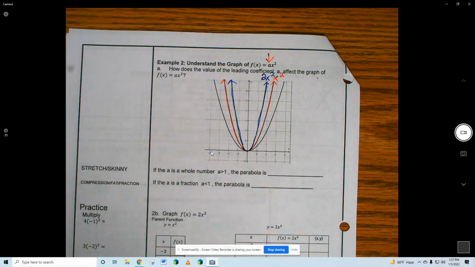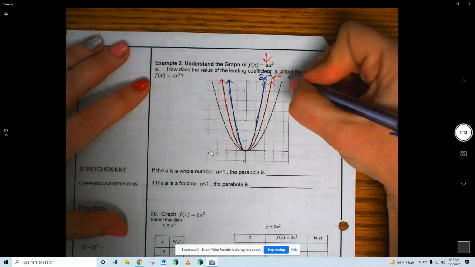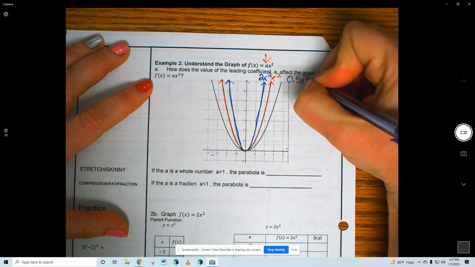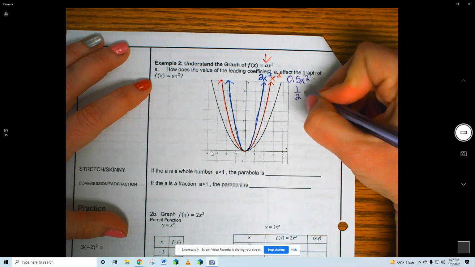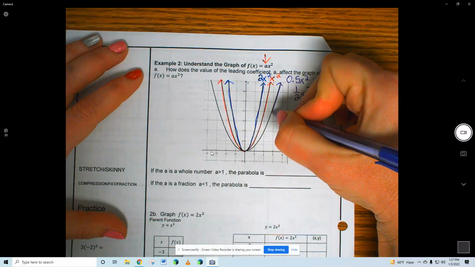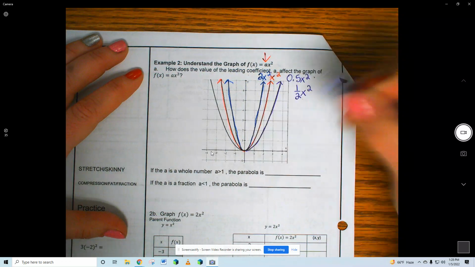When a parabola gets fatter, that's because there's a fraction in front of it or a number less than 1, like 0.5 x squared or 1/2 x squared. I'm going to do that in purple.